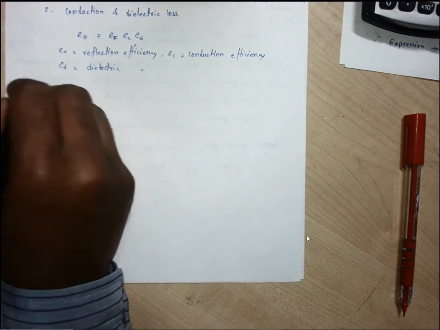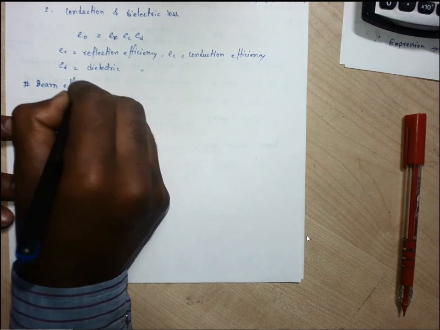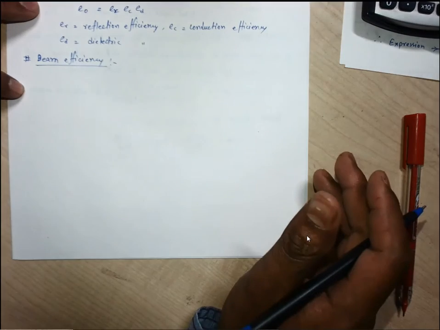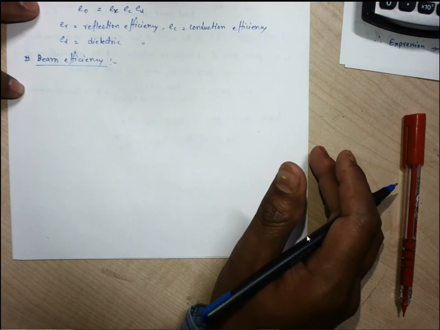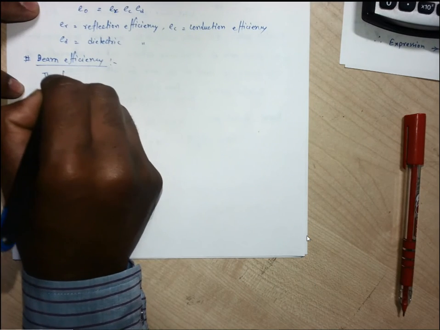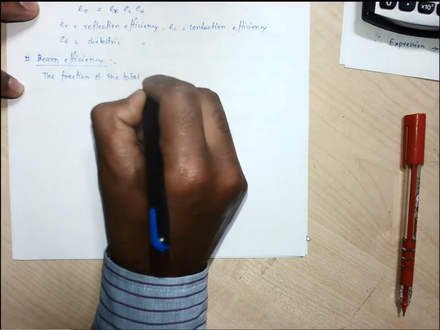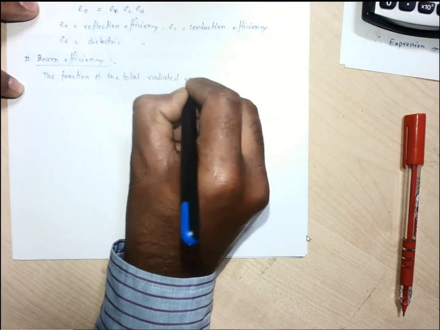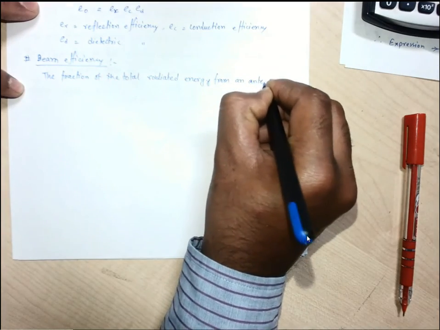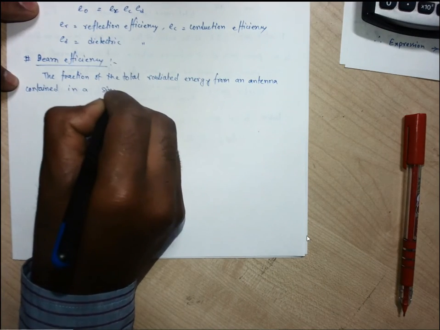Next one is beam efficiency. This gives you the information about the fraction of the total radiated energy from an antenna contained in a single beam.